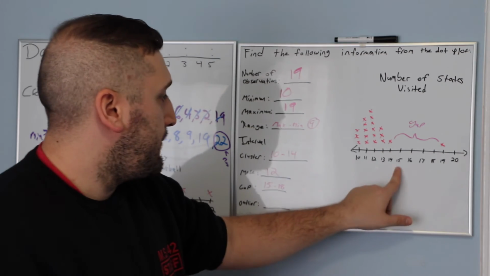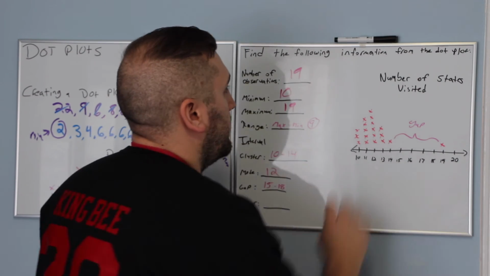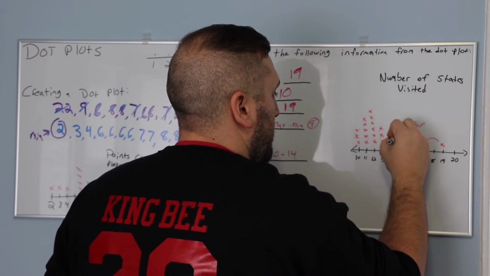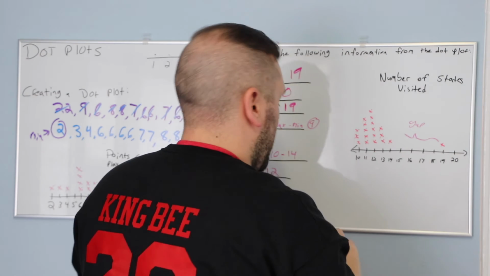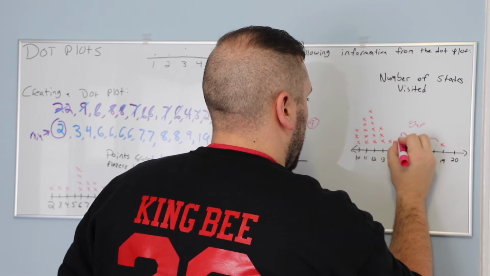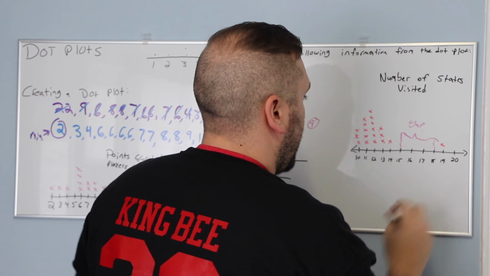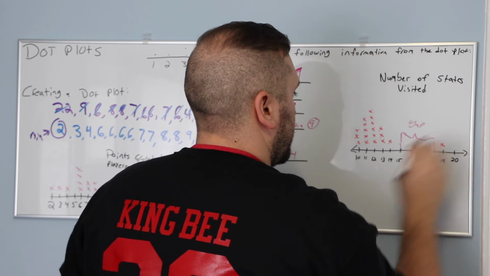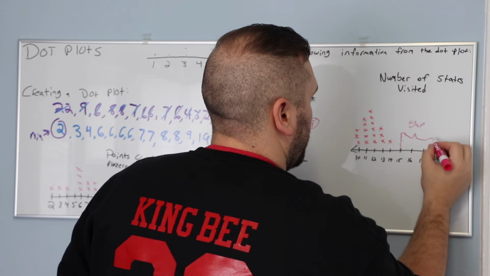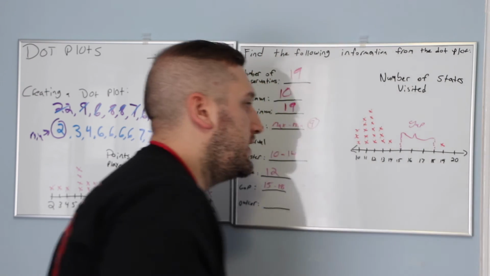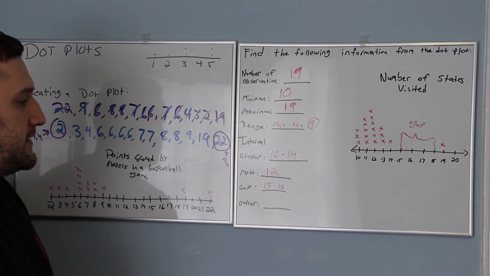Okay? So our gap, let me just erase this. So remember, our gap would start and end where there's no data at all. Okay? It doesn't go to where those X's are. Okay? So our gap is there from 15 to 18.